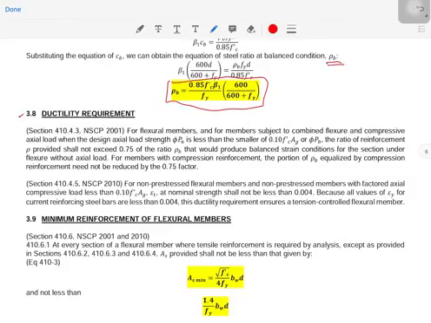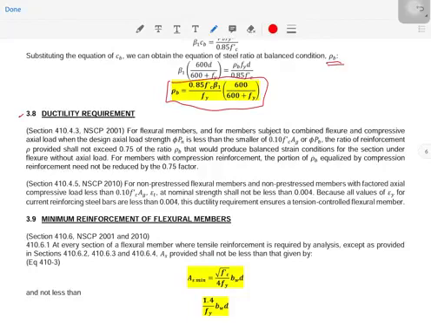For members with compression reinforcement, the portion of rho B equalized by compression reinforcement need not be reduced by the 0.75 factor. Okay, so that is for the 2001 ductility requirement.